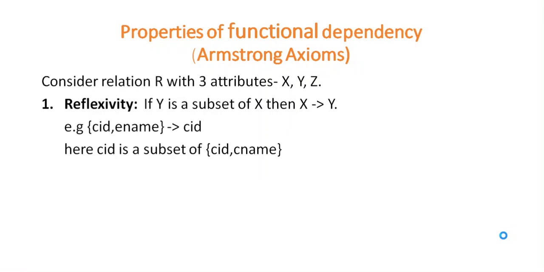So the attribute which is at the left side of the functional dependency is called the determinant, and the attribute at the right side of the arrow is called the dependent. So here your dependent is a subset of determinant, that's why it is called reflexive functional dependency.